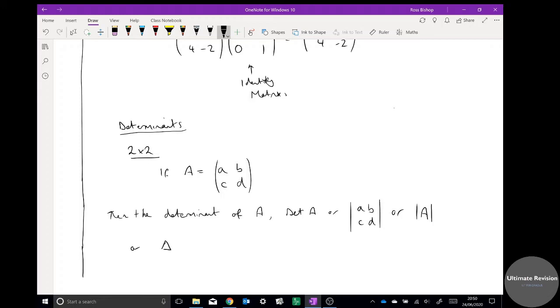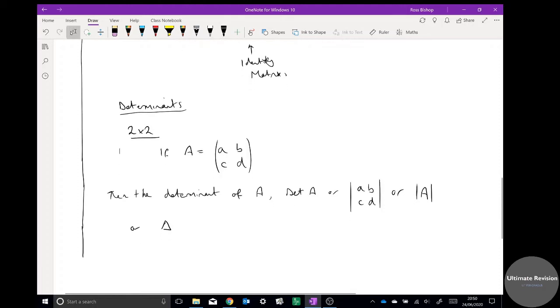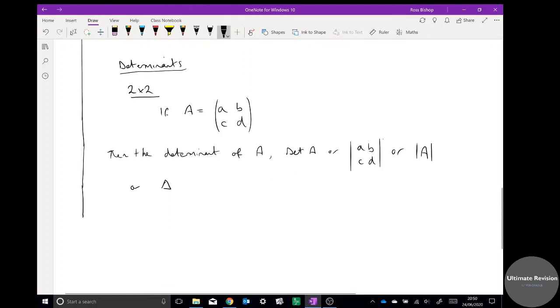There's loads of different ways, but it's extremely easy to calculate. Det A is always equal to the leading diagonal, so a times d minus bc.